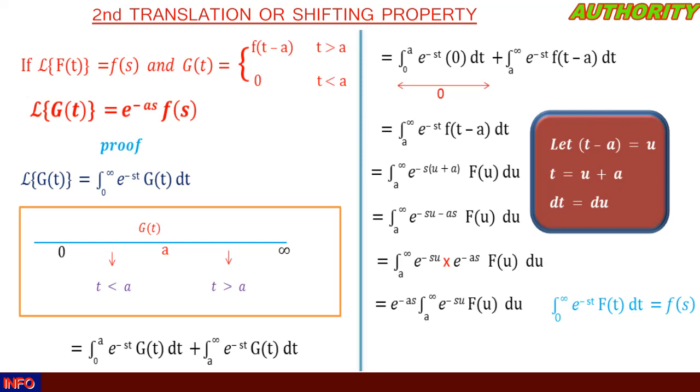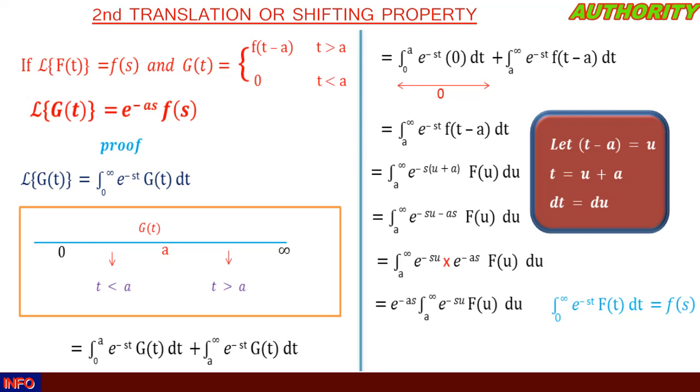We have the integral from a to infinity of e raised to the power of minus su, f of u du. In the definition, the variable is t, but what we obtain now, the variable is u. And from the definition, the parameter is s. And in what we just solved, our parameter still remains s, but our variable is u.